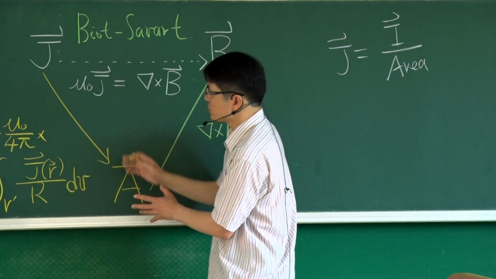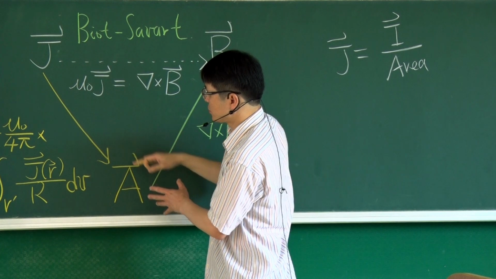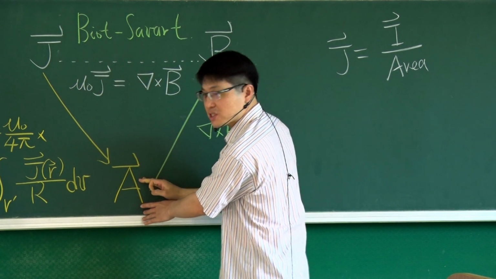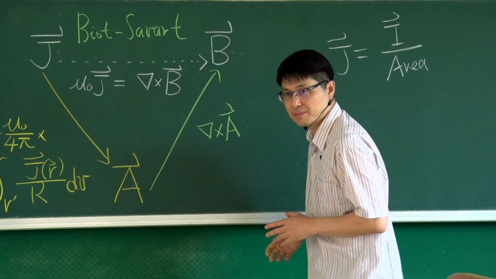So this is telling us, if you know the current density distribution, we can find A first and then perform its curl to get B.